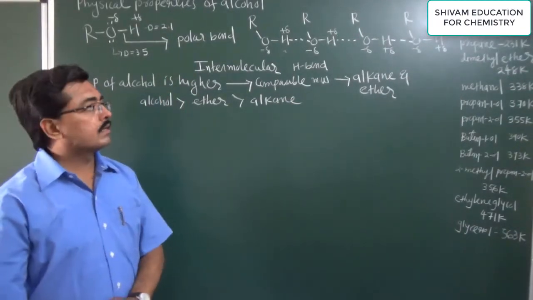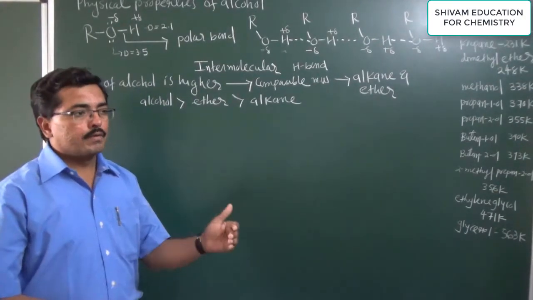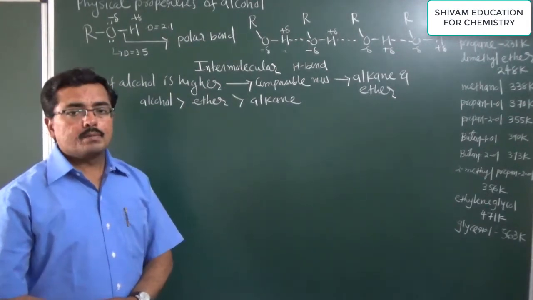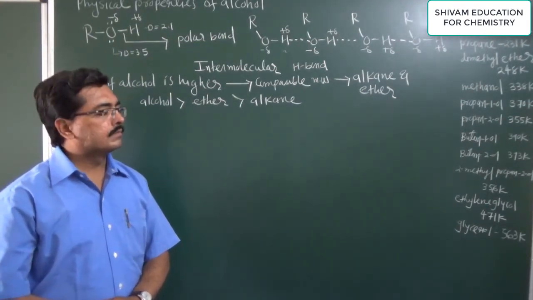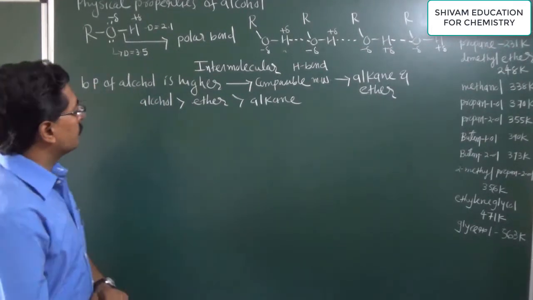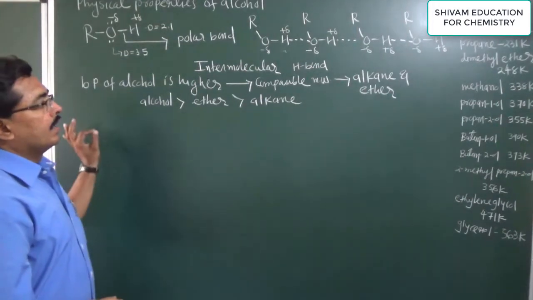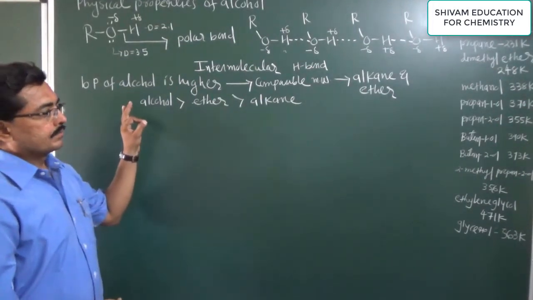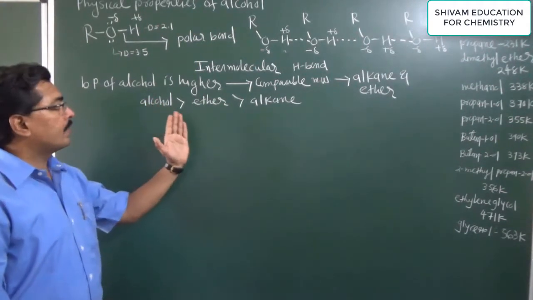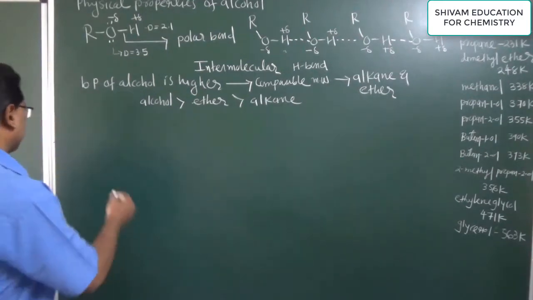When we take propane, its molar mass is approximately 44. So it is observed that among alcohol, ether and alkane of equal molecular mass, the boiling point of alcohol is higher as compared to ether and alkane.